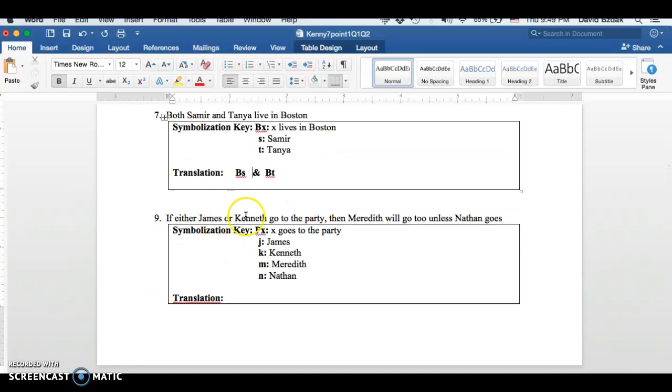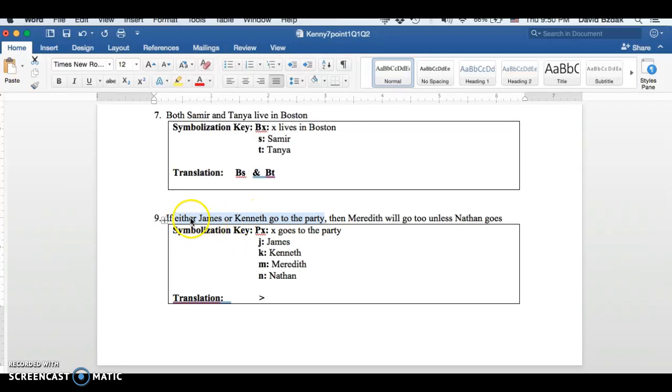Okay, if either James or Kenneth go to the party, then Meredith will go too, unless Nathan goes. So basically we have an if-then that's conditional. So let's focus first on the antecedent of the conditional. That's everything that comes after the if and before the then.